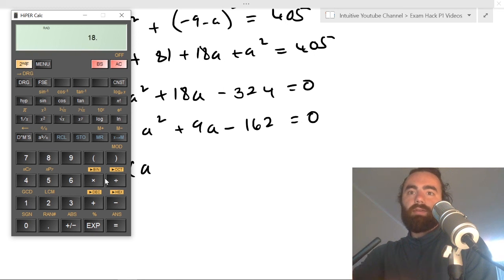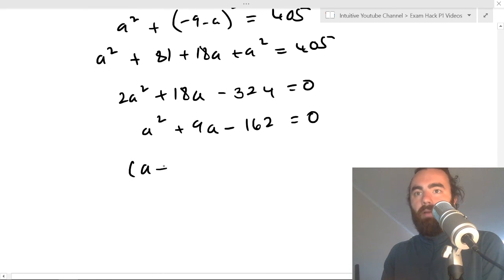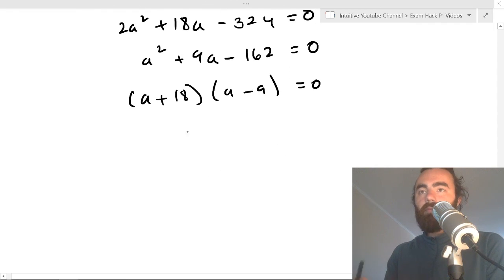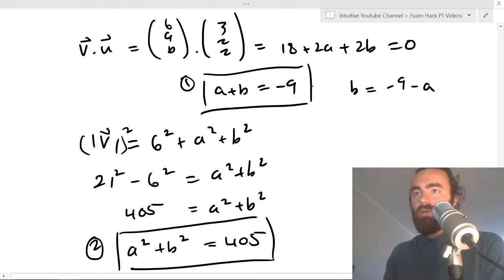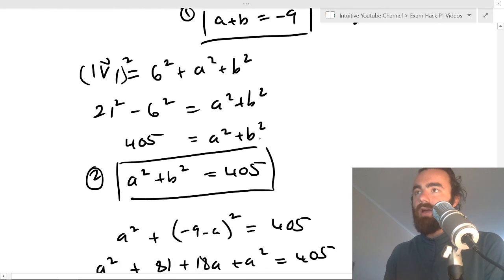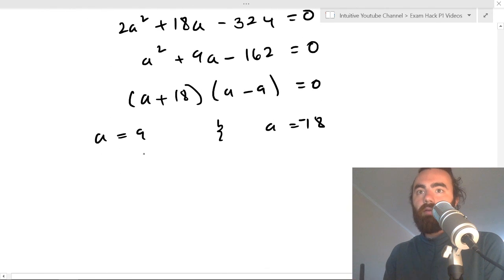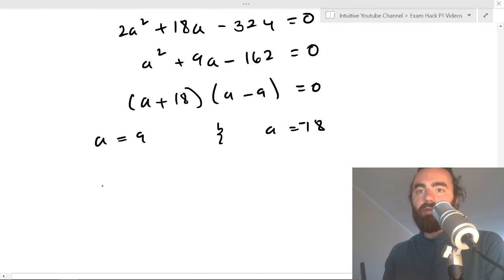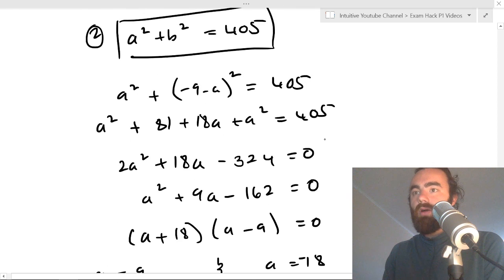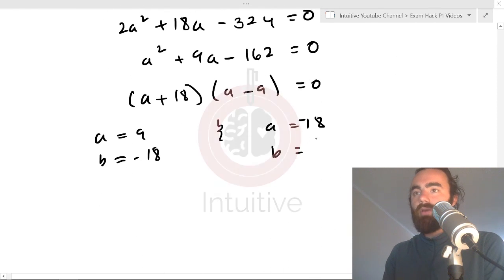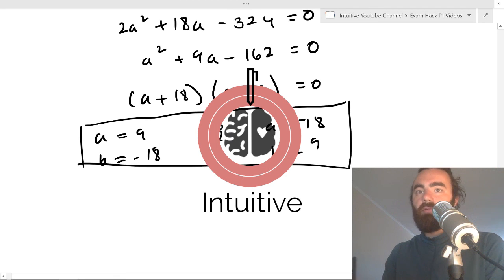The 18 times 9 is 162, okay, so it'd be a plus 18 and a minus 9 equals 0. So your a equals 9 and your a equals minus 18. And if you simply plug that back into your equation 1, you get minus 9 minus 9, so you get minus 18, which means this b will be minus 18, and this other b will be minus 9 minus minus 18, which will be 9. So those are your possible values of a and b.